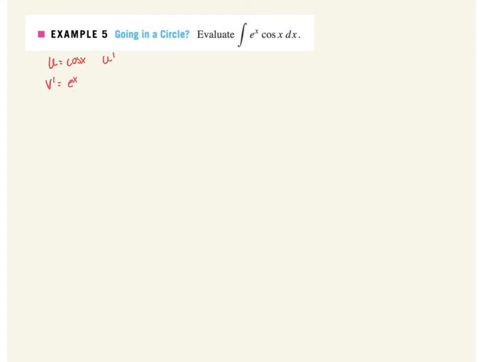So u prime is then negative sine x, and v is e to the x. Okay, so the integral of e to the x cosine x dx is equal to e to the x cosine x minus the integral of negative sine x e to the x, or negative e to the x sine x dx.